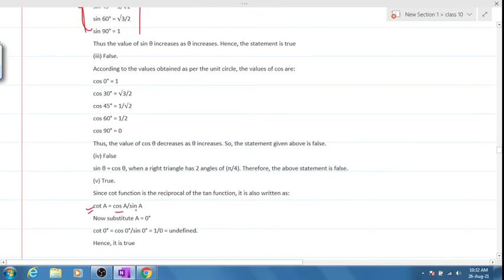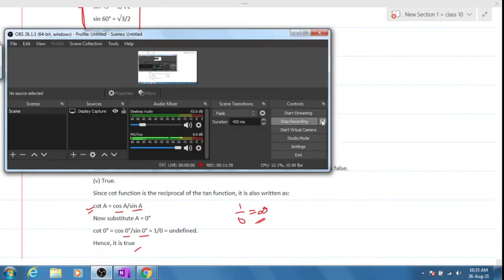You can write it like this also. Clear? Sine 0 by 0, 1 by 0, undefined. Is it clear? Please write this reason. Did people understand the fifth question? Yes or no? Make sure fourth and fifth are copied properly. I'm pausing the video. Take your time and copy it.